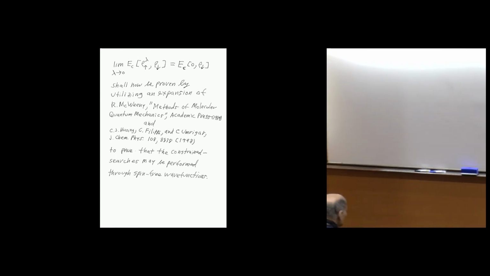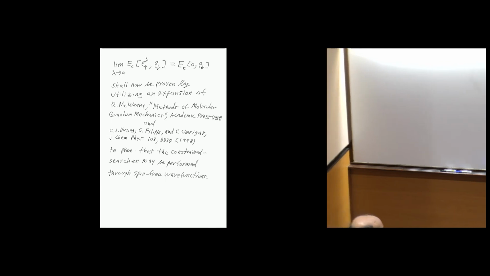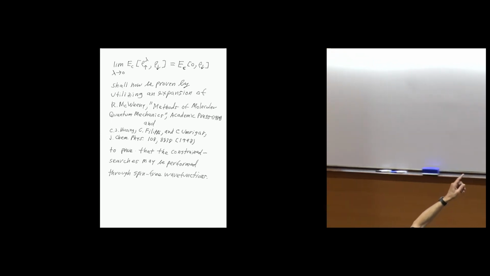So what we realized, from seeing other work stimulated by an expansion, first by McQuarrie and then Gilbert and Ummarga, was that they have an expansion, and they were able to prove that you could use constrained searches in spin density functional theory using spin-free wave functions.